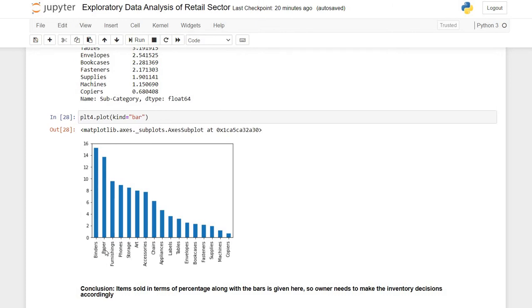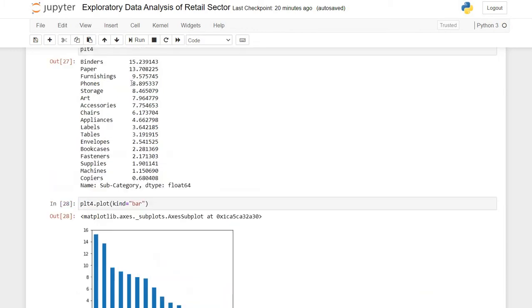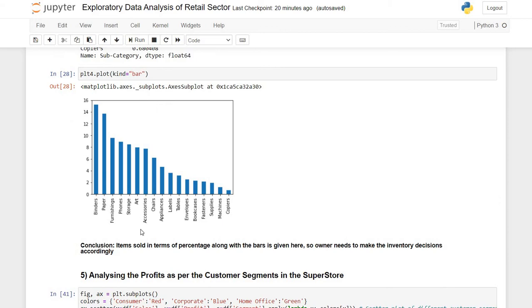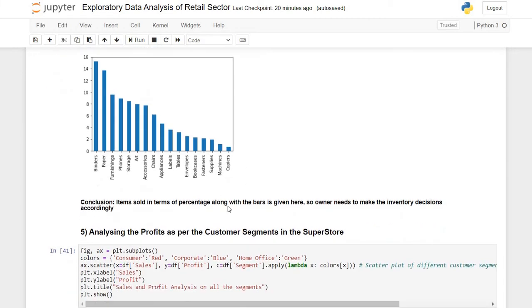So by far we can know that binders have more than 15% of the sales generated. In this way, each and every subcategory has its respective percentage of sales generated. So items sold in terms of percentage along with the bar chart is given here. So the owner needs to make the inventory decisions accordingly.